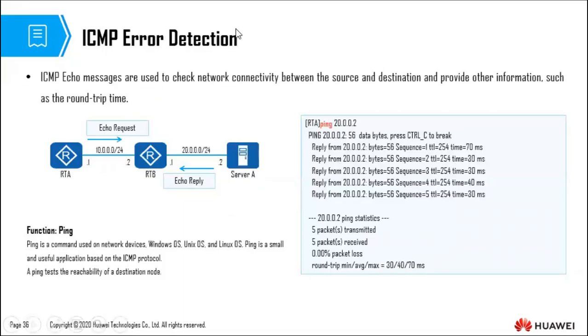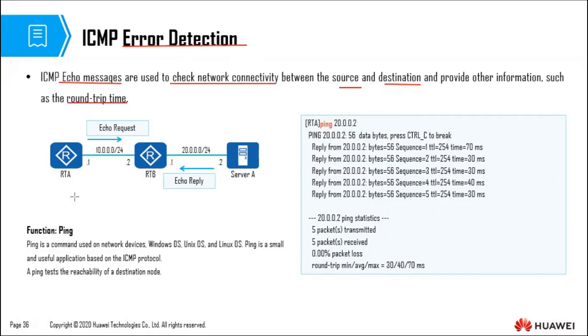Okay. The other thing that ICMP does is error detection. Error detection uses the ICMP echo messages in order to check network connectivity between the source and the destination. Other than checking connectivity, which is one of the main applications of ICMP echo messages, it also gives other information, such as the round trip time.